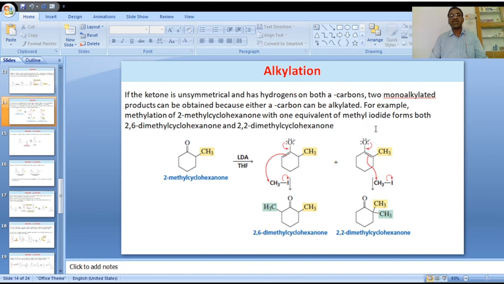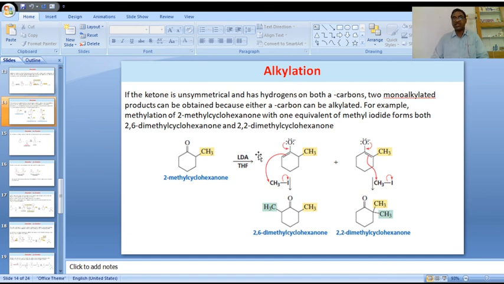One equivalent of methyl iodide forms both: one is 2,6-dimethyl cyclohexanone, and the other is 2,2-dimethyl cyclohexanone. If the alkyl attacks the left hand side, it will give the 2,6 substituted cyclohexanone compound, and if it is the right hand side, we'll get 2,2-dimethyl cyclohexanone.